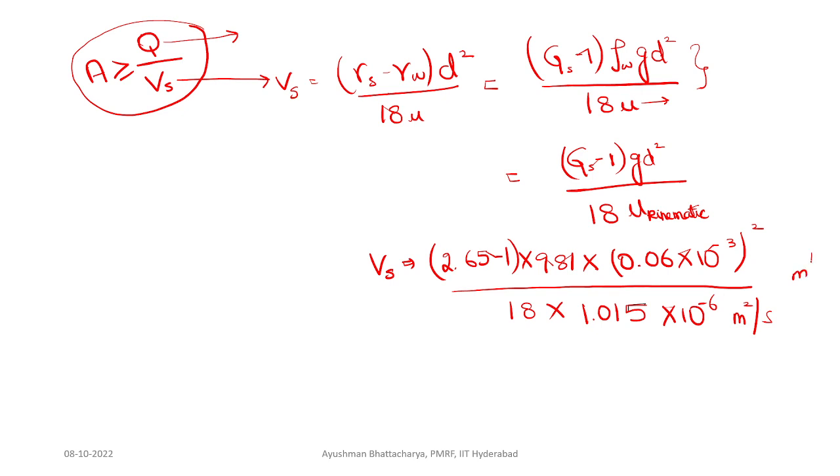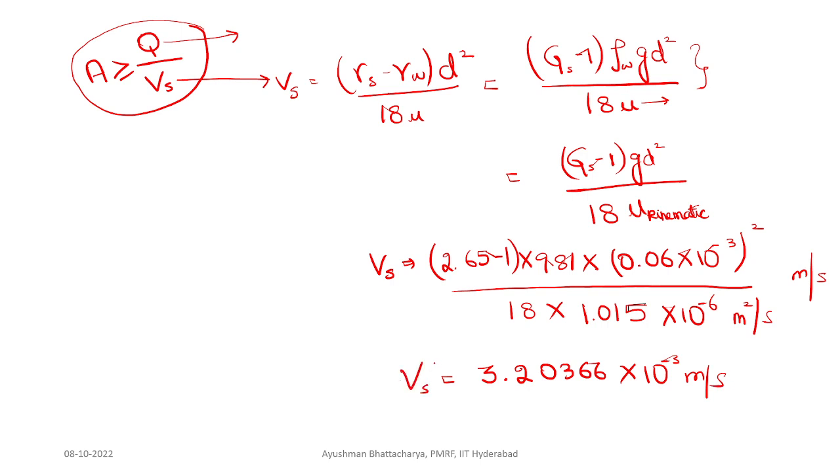Overall, this entire unit will be meter per second since it is a velocity. So from here we found Vs to be 3.20366 × 10^-3 meter per second.